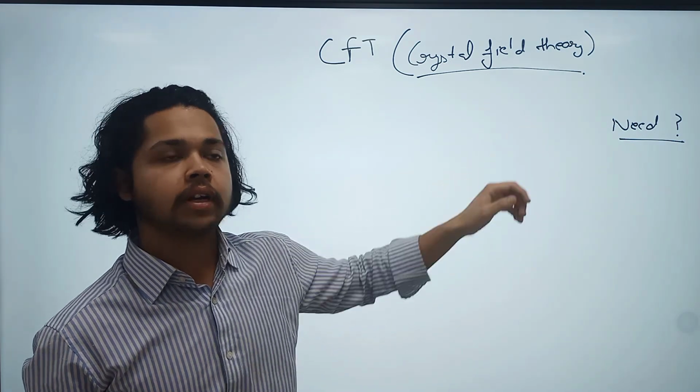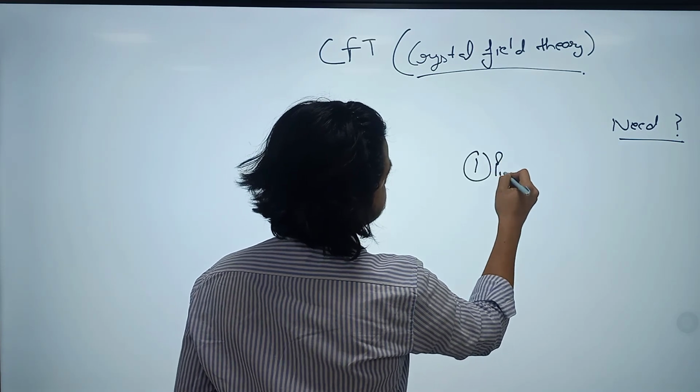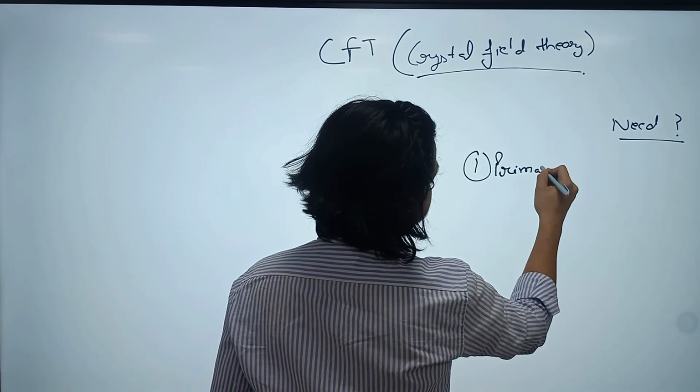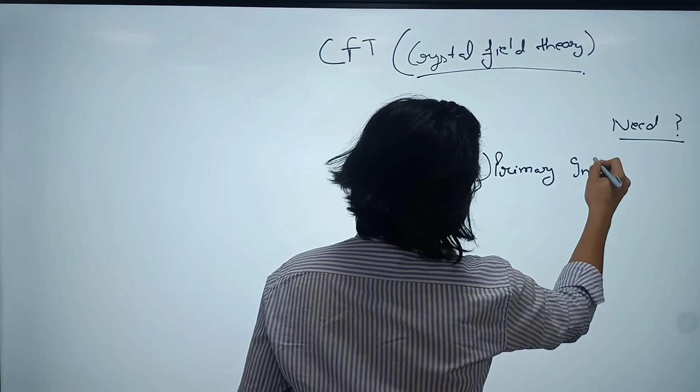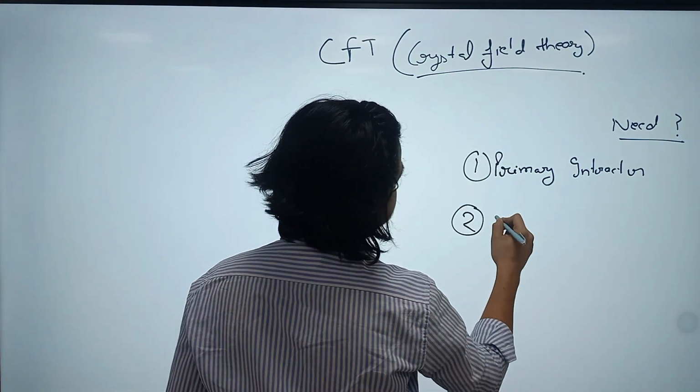Before directly talking about that, this physicist discussed two kinds of interaction. First is the primary interaction, and second is the secondary interaction.